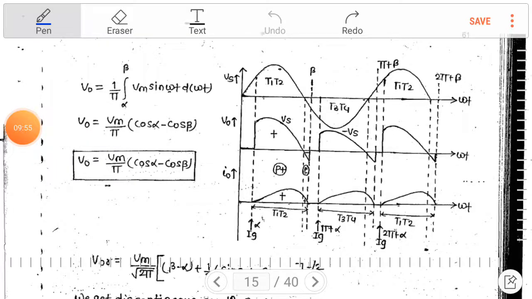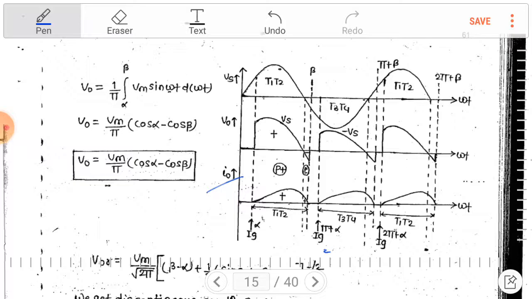In this diagram we can see that the current I output discharges, the inductance discharges at beta, which is less than pi plus alpha. So in the negative cycle, when thyristors T3 T4 in the bridge converter are triggered, if the inductor has discharged before that, we get discontinuous conduction.